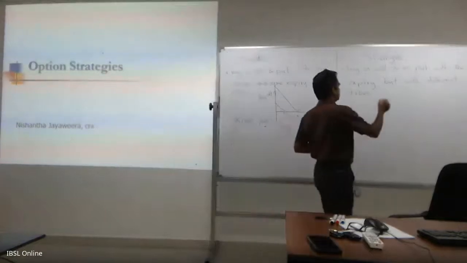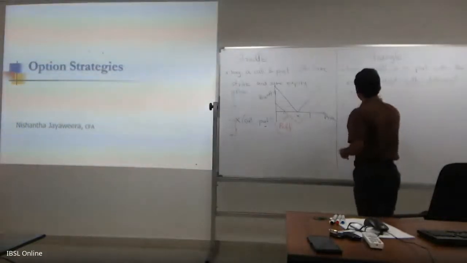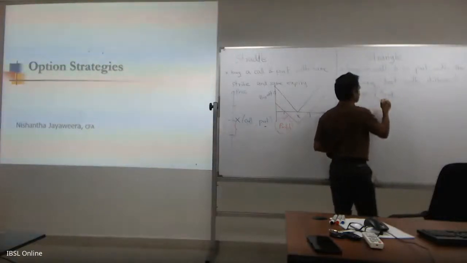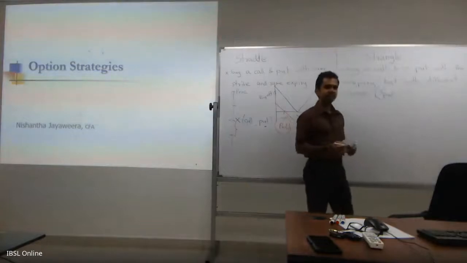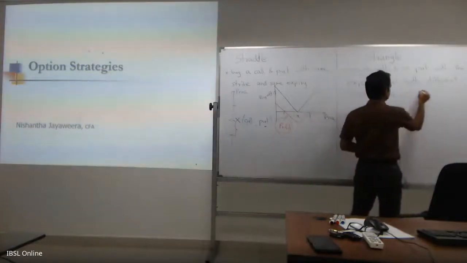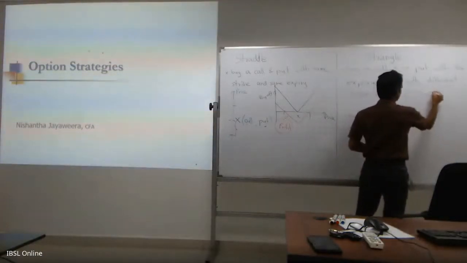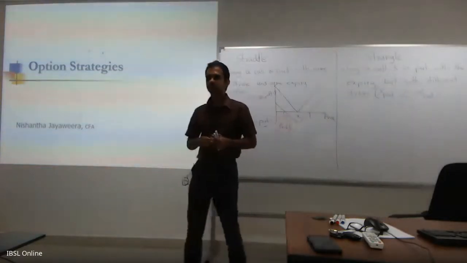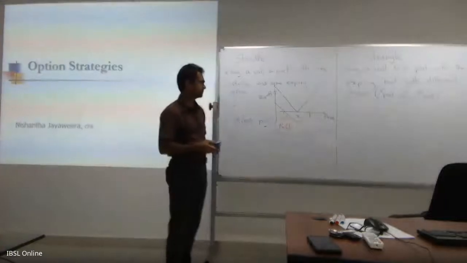In a strangle, we use different strikes. Usually, the strike of the put option is lower than the strike of the call option. Then what would happen?